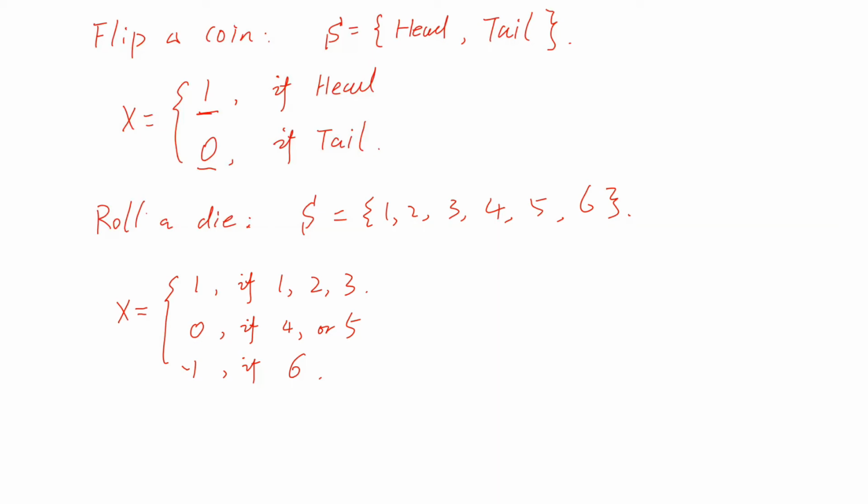So by definition, X is a random variable. All right, it takes different values based on the different possible outcomes of this random experiment. So that is the definition of random variable.